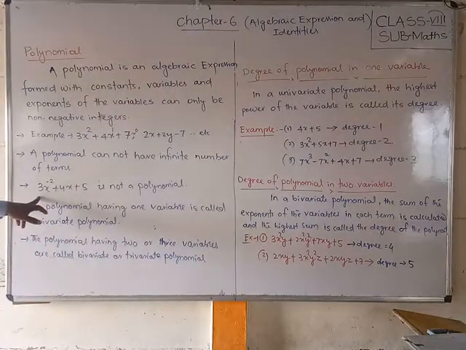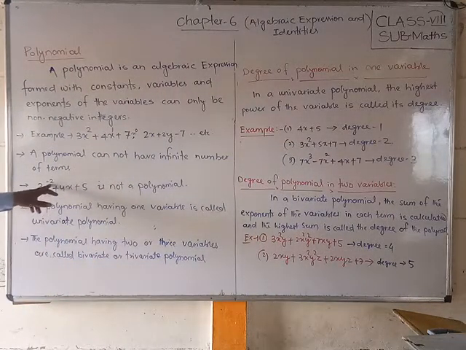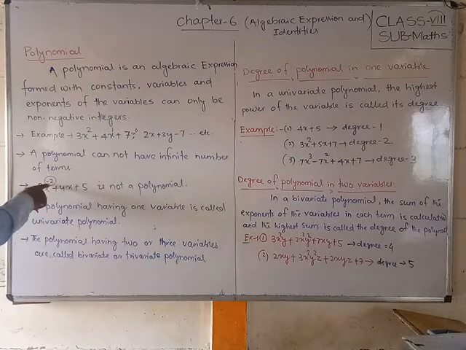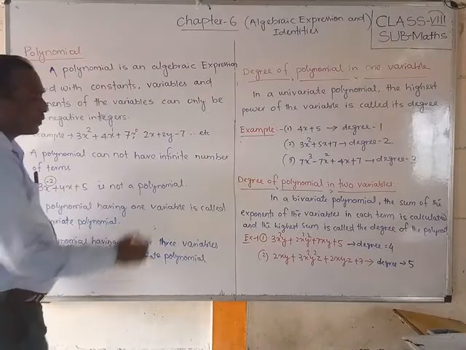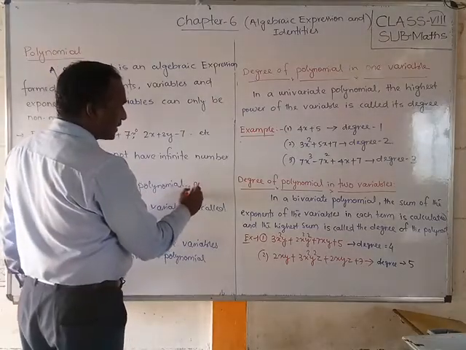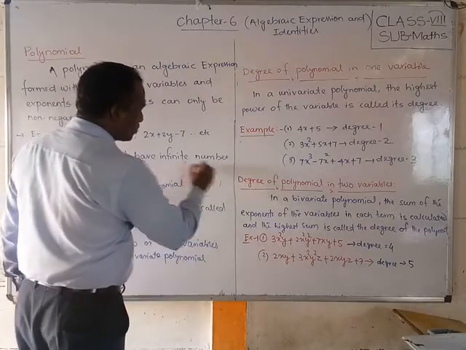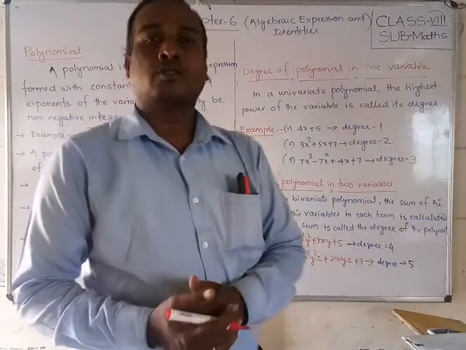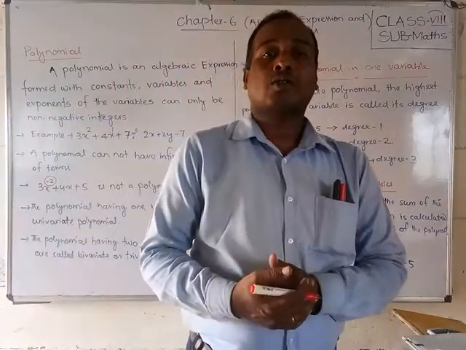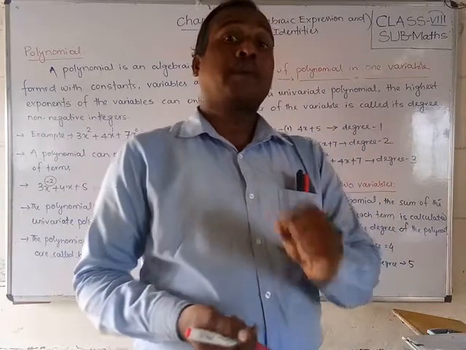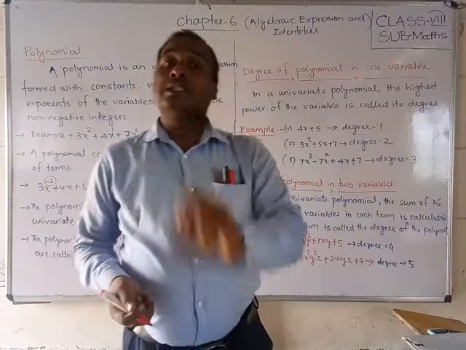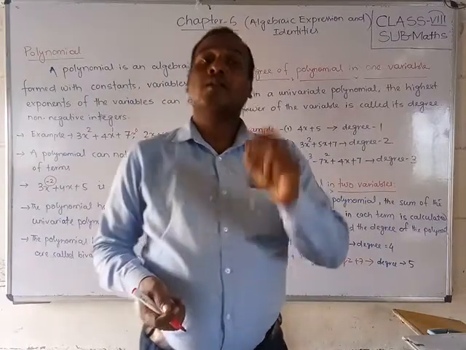See students, another example I have written: 3x to the power minus 2, plus 4x plus 5. What is the power here? Negative. So it is not a polynomial. Suppose I say x power 1 by 2. Is it a polynomial? You may say, sir, the power is positive, but it should be an integer or a whole number.